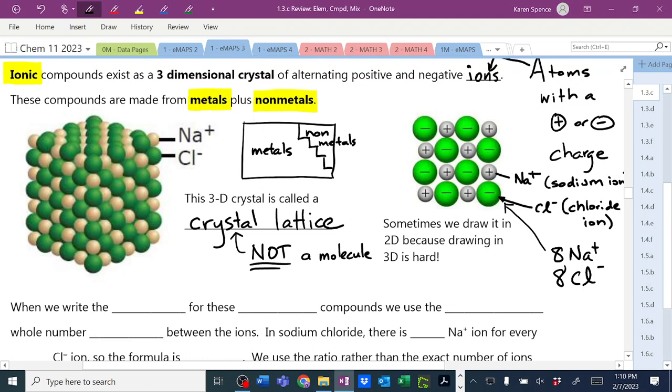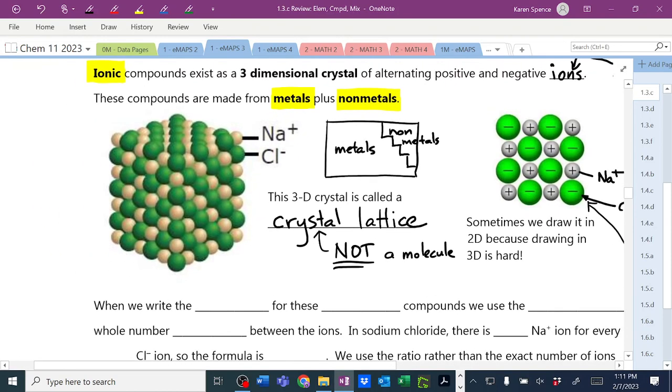So 6 by 7 by 6, divided by 2, so there are 126 sodiums in there and 126 chlorides.